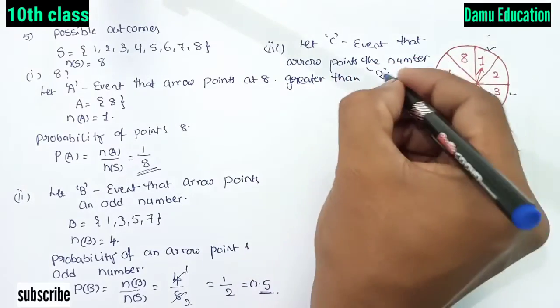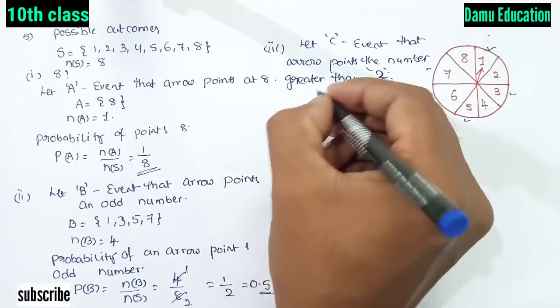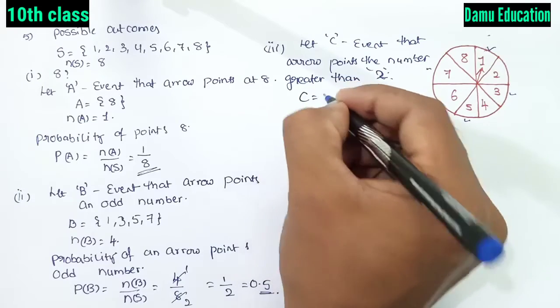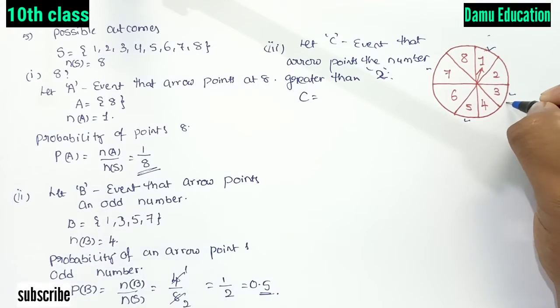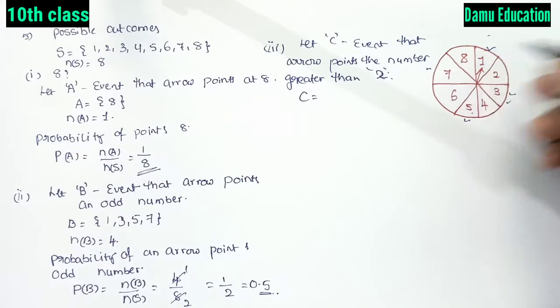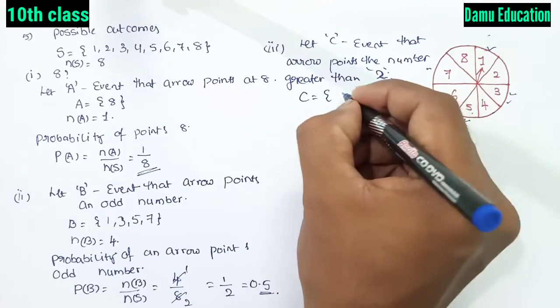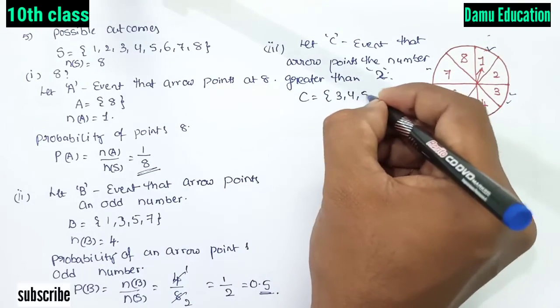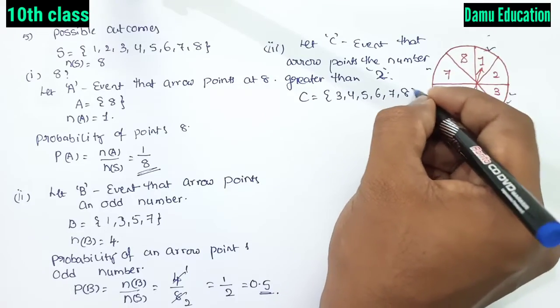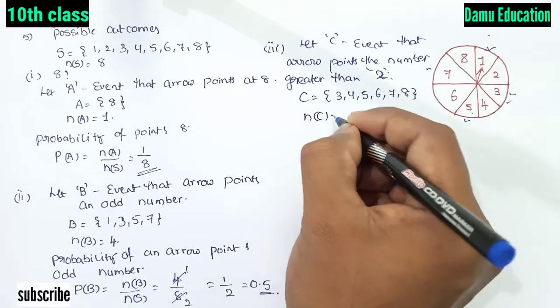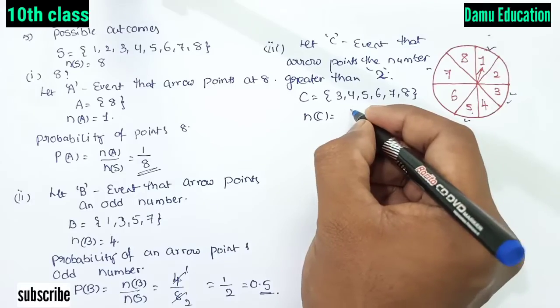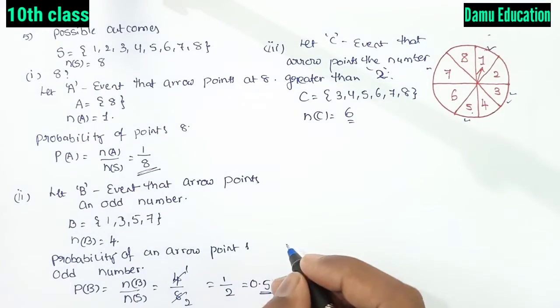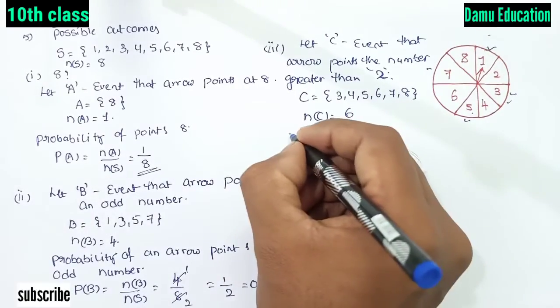A number greater than 2 means 3, 4, 5, 6, 7, 8. So let's write all the elements: 3, 4, 5, 6, 7, 8. So how many elements are in C? 6 elements.